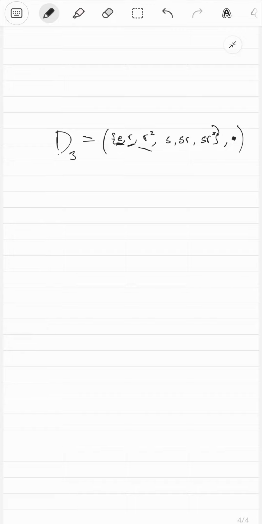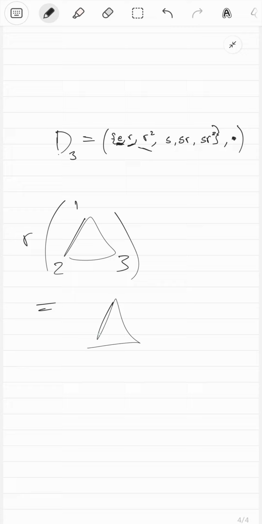They take a certain orientation of a triangle and spit out another orientation, right? So if you take a certain orientation, like maybe 1 2 3 like this for the triangle, and then multiply this thing by R, or apply R on it, that's going to spit out 1 2 and 3 like this.